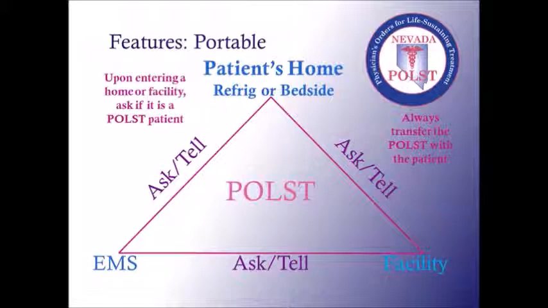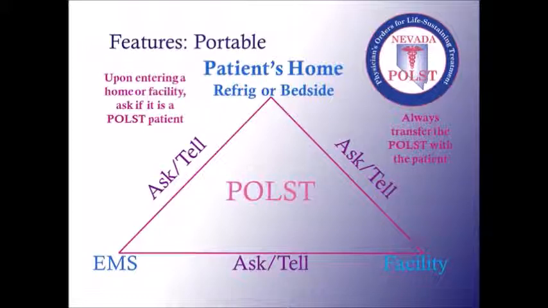The one nice thing about POLST and its intent was to be portable, state to state, facility to facility, from somebody's home in transport, and that brings us to the trilogy of ask and tell. Facilities need to ask the patient, do they have or want a POLST in place, and then relay that information to subsequent providers.